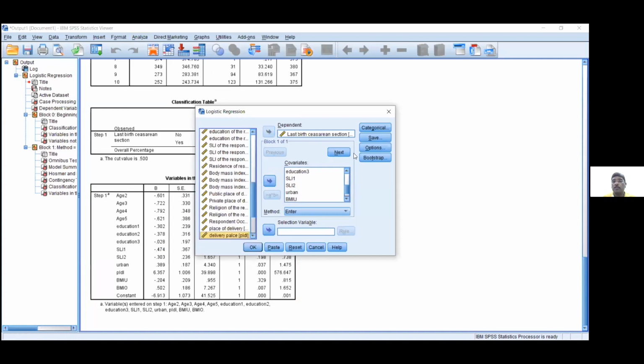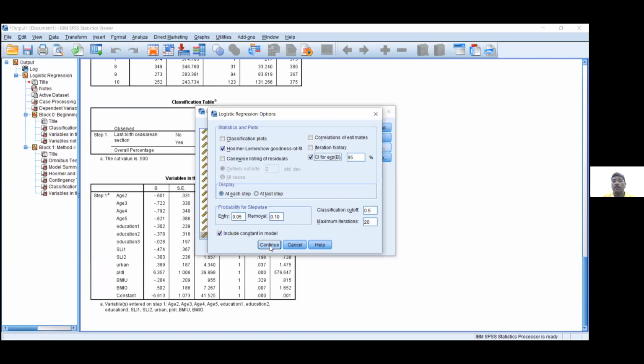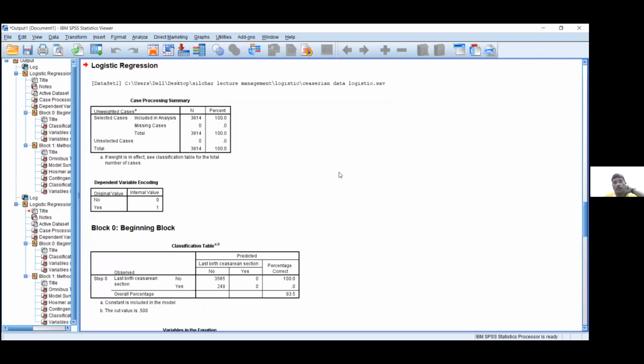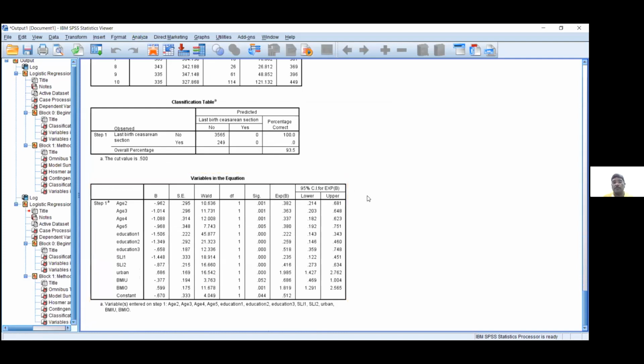So exclude this. And now I also use the option, the confidence interval for odds ratio. So what happens? See that. Okay. After excluding PLDL, we have another type of estimate.